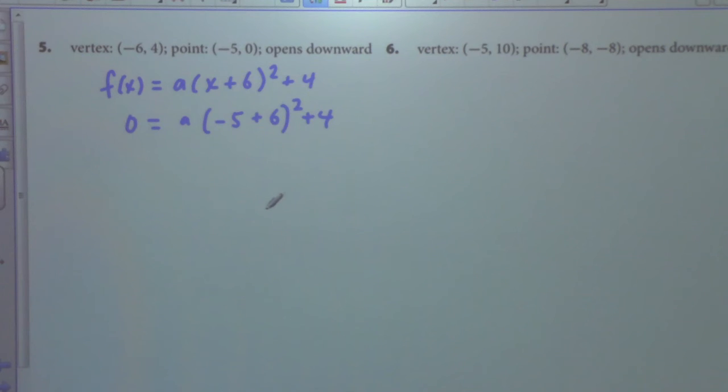And then 0 equals a plus 4. And then you subtract the 4, and a equals negative 4. And then f of x equals negative 4 parentheses x plus 6 parentheses squared plus 4.